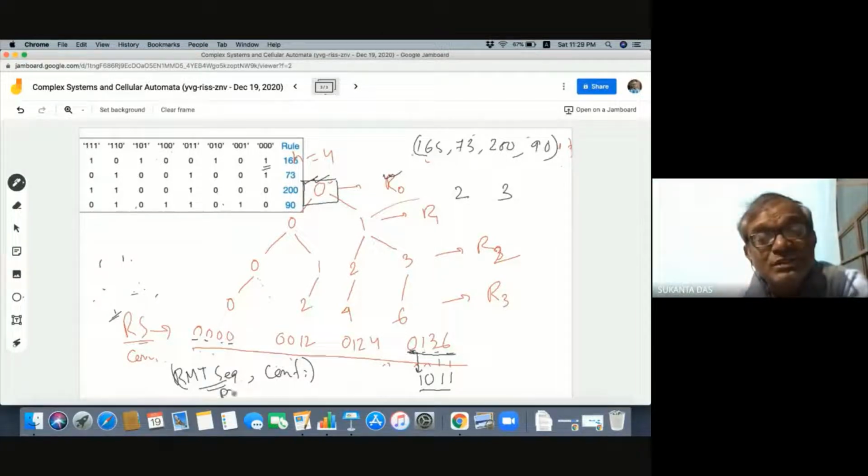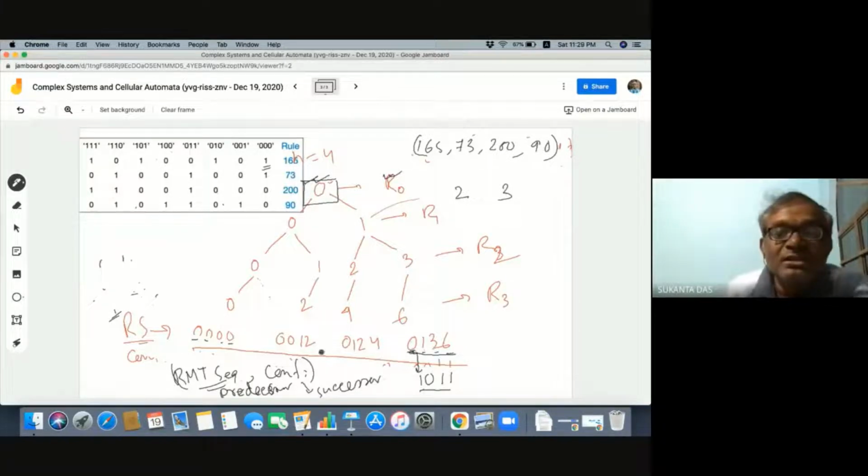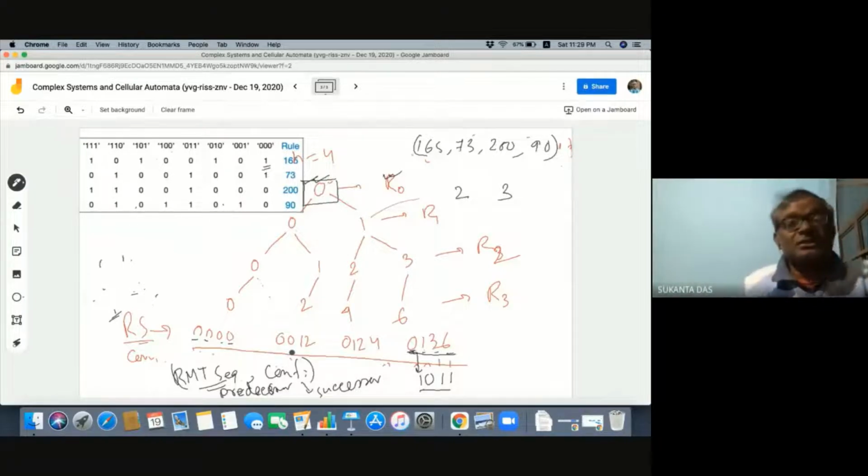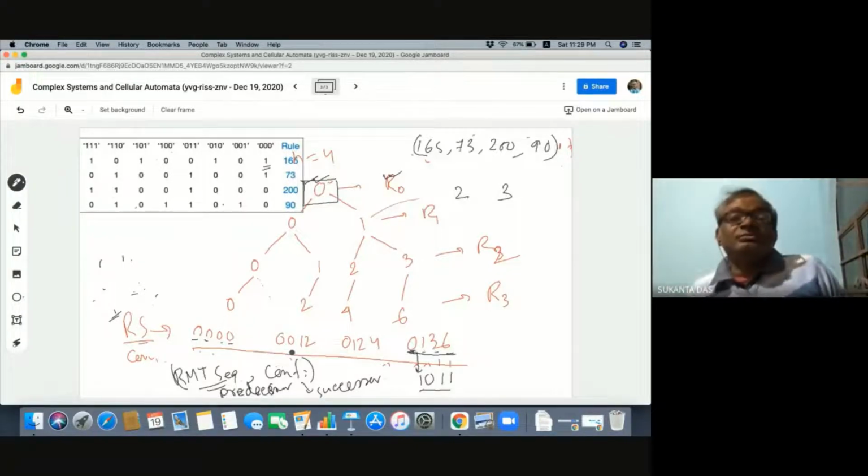So this is the predecessor, and this is the successor. So I can get the predecessor-successor relation. It's very simple and I can directly get it, but it has an implication when we define reachability. Now let us go back to that part.